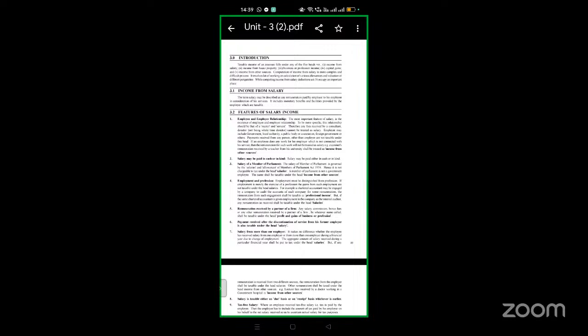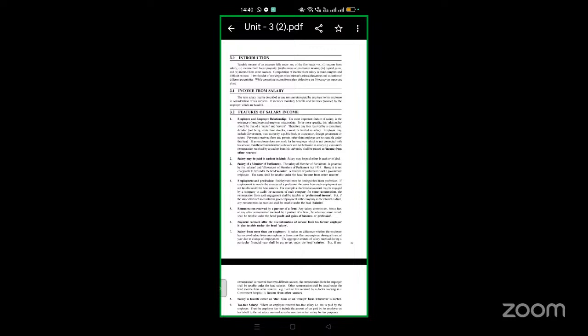The members of parliament, that is MPs, whatever they receive is governed by the Salaries and Allowances of Members of Parliament Act 1954. It is not chargeable under the head salaries at all, because a member of parliament is not a government employee, and whatever they receive is taxable under the head income from other sources.